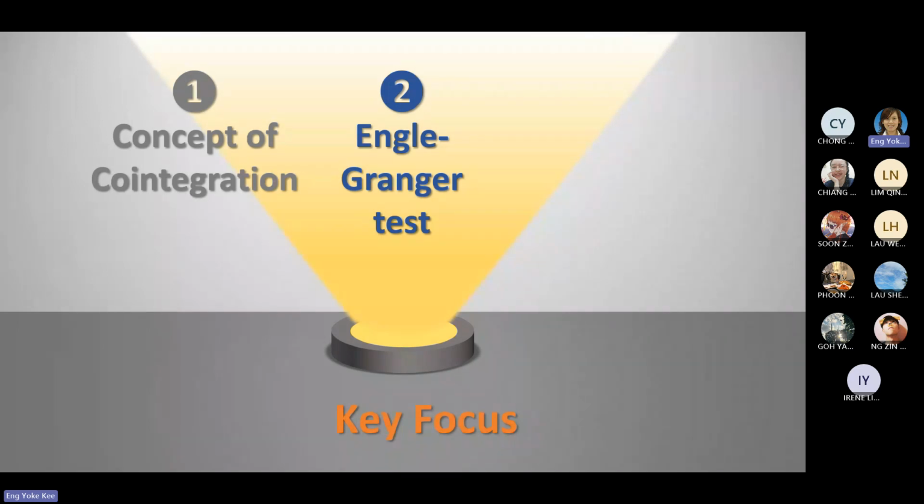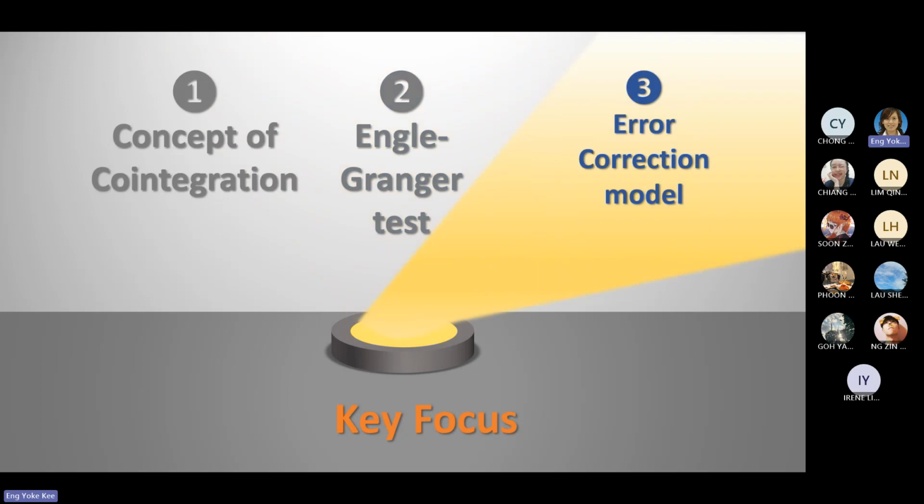How do we know there is a long-run relationship, and specifically a co-integration, between these two variables? If there is a long-run relationship, what does it mean? So what? These are the questions we want to examine. And lastly, if we see there is a long-run relationship, how do we model it?